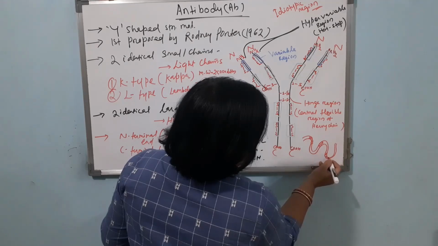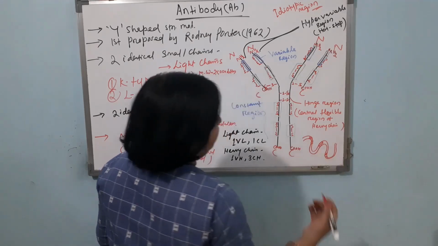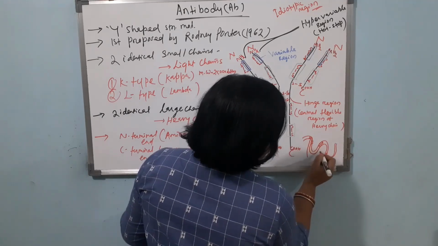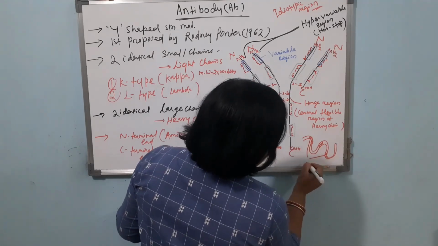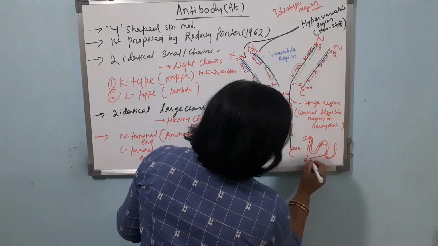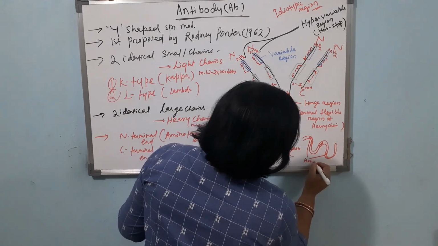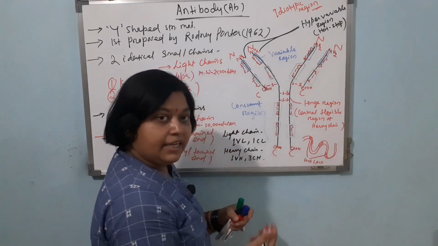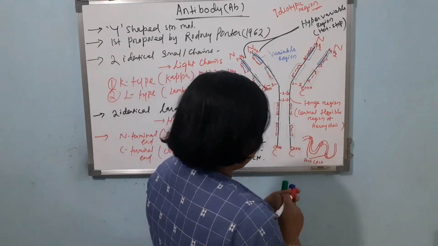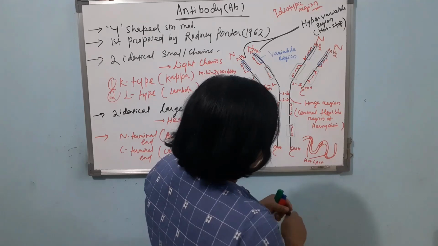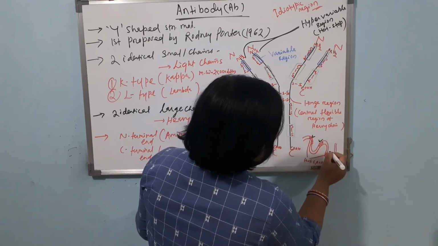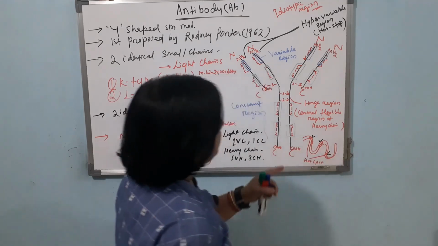So, these are the hypervariable region or hot spot in this antibody. So, at this region antigen will get bind with it at this point, and at this point.